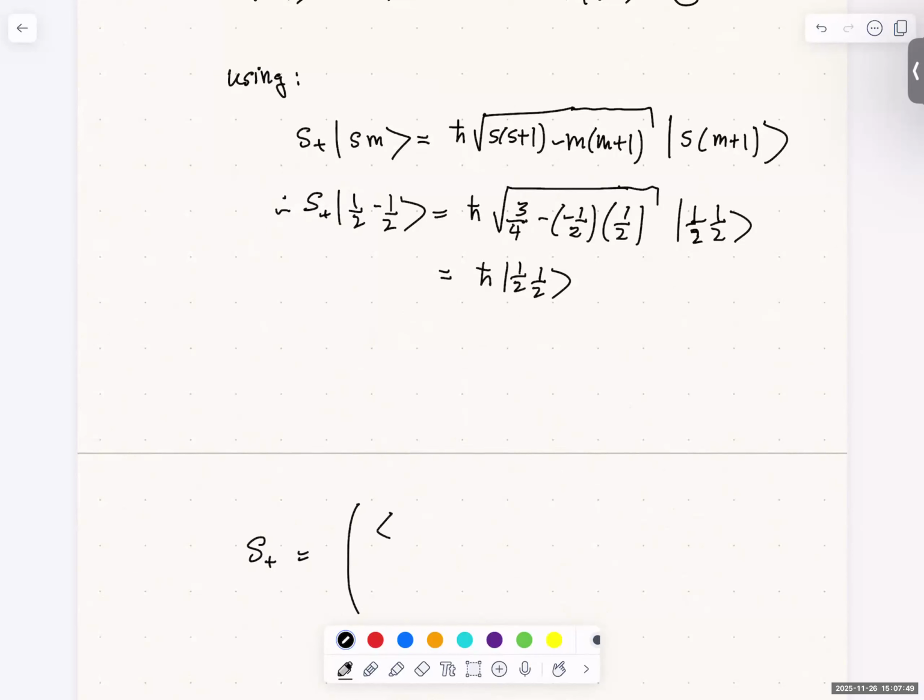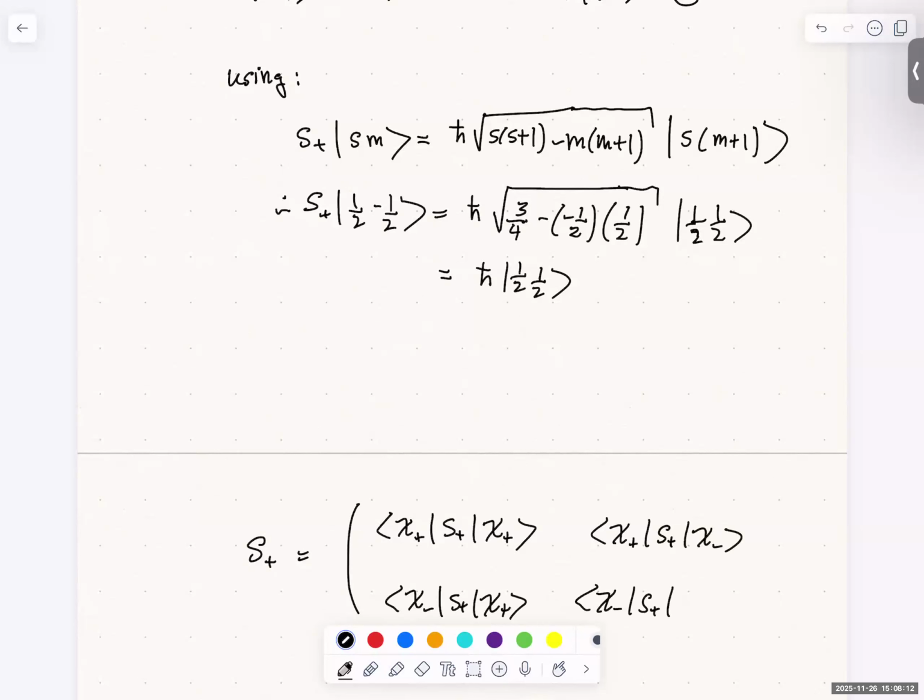Okay, so let's see. We want to do chi plus, S plus, chi plus; chi plus, S plus, chi minus; chi minus, S plus, chi plus; chi minus, S plus, chi minus.